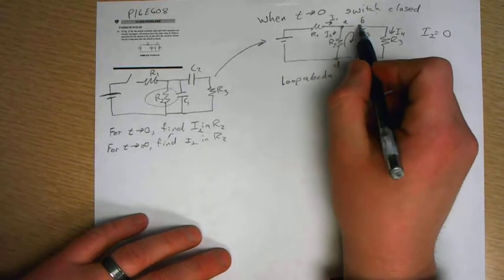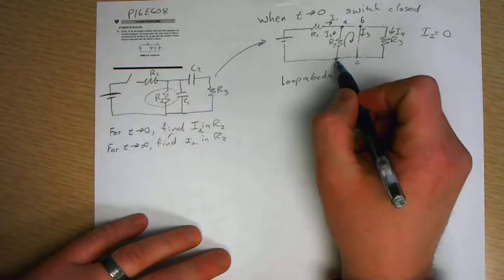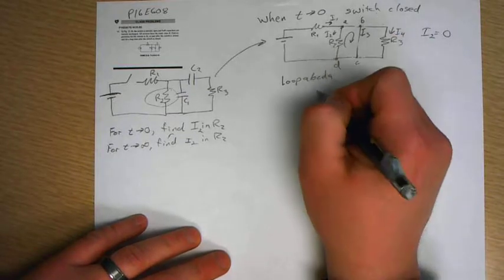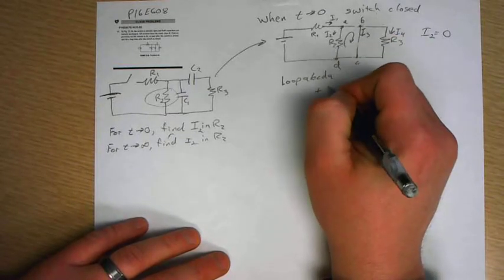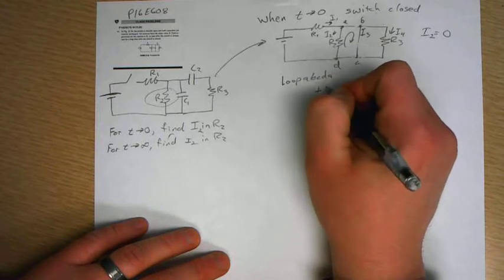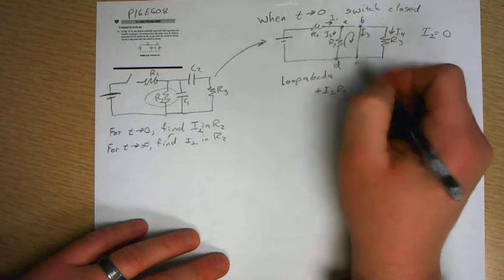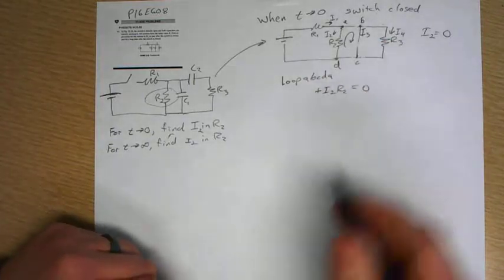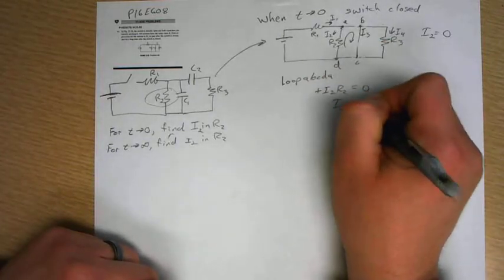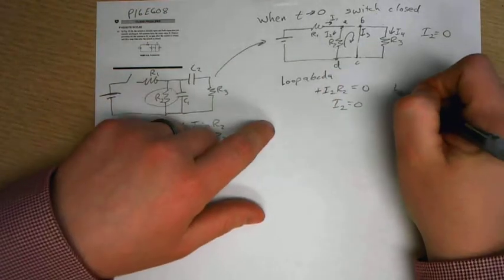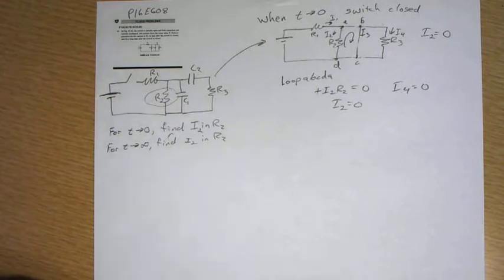So I go around, I encounter nothing, I encounter nothing, I encounter nothing. Now I'm flowing in the backwards direction of I2, so I add the voltage of I2 R2, and then that's nothing. I'm at the end. So I2 equals 0. And sure enough, I4 equals 0 as well.